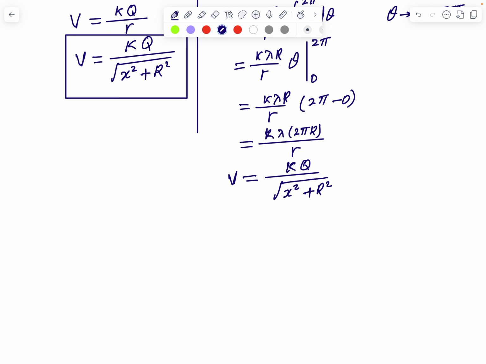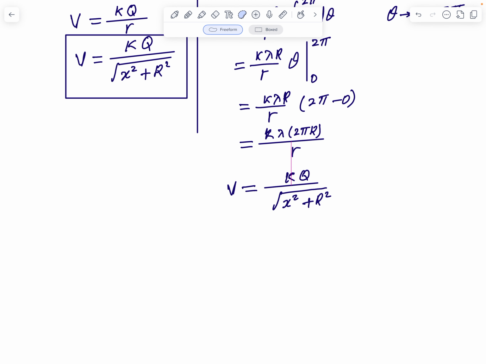And this one is our V. So if we take it a little bit down, we can box this one as well.